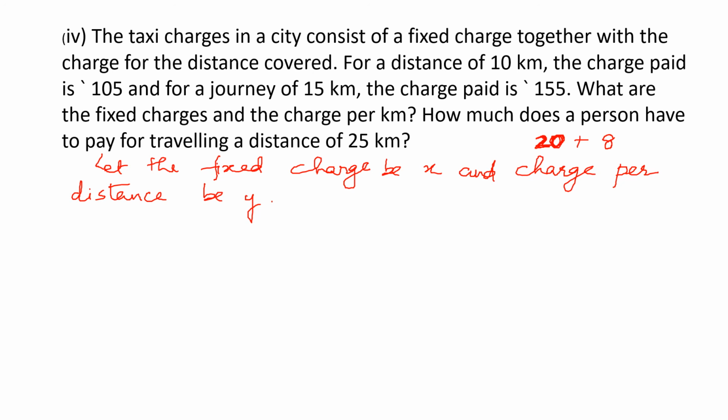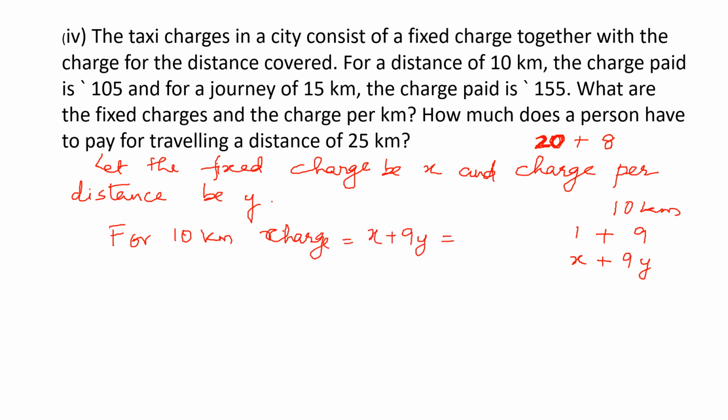So for 10 kilometers, you have the first 1 kilometer plus 9 kilometers. For the first kilometer we are paying X, and for 9 kilometers we are paying 9Y. So the charge for 10 kilometers is X plus 9Y, which is equal to 105.